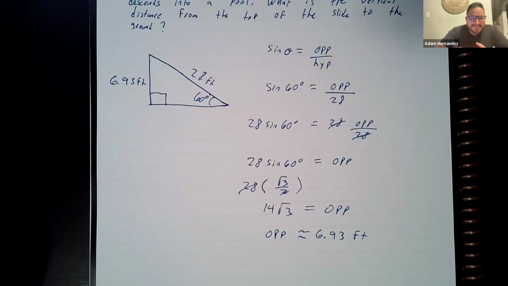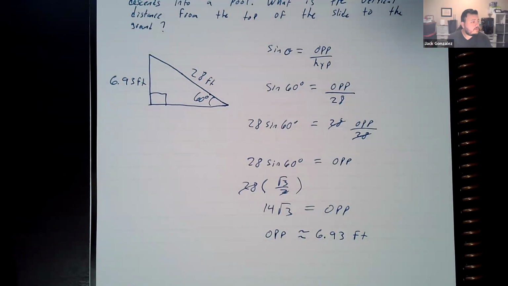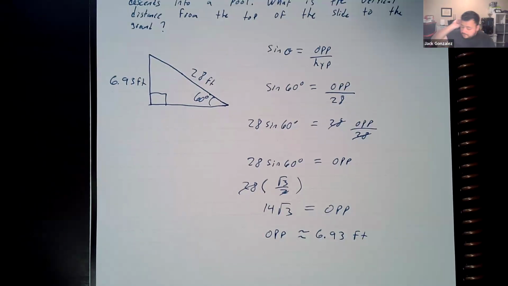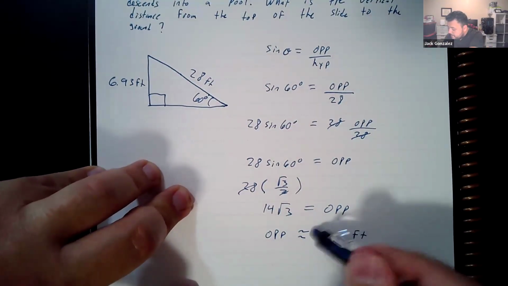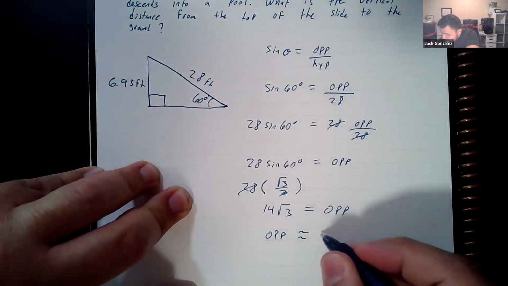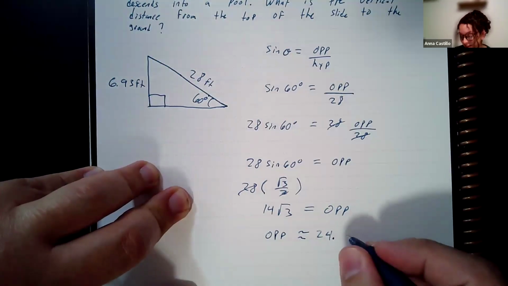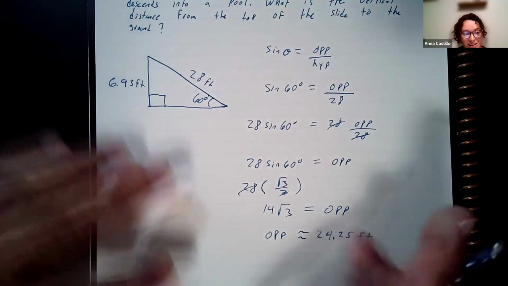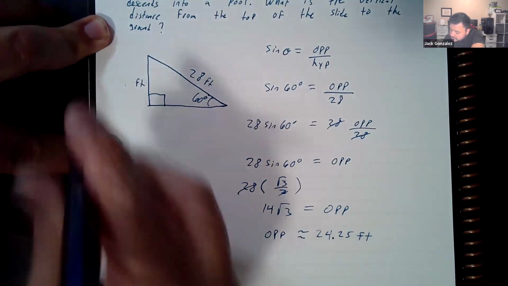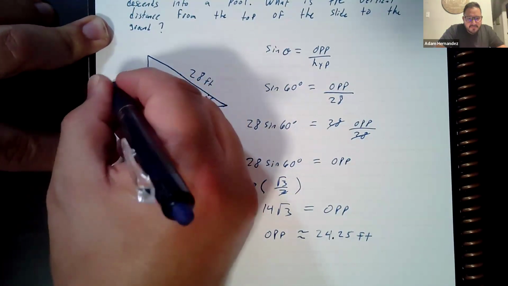Let me pull up a better calculator. I trust y'all more than my stupid phone calculator. 14 times square root 3 is 24.25. Yeah, you're right. I'm sorry, guys. It threw me off. I don't know if my phone was in degrees.